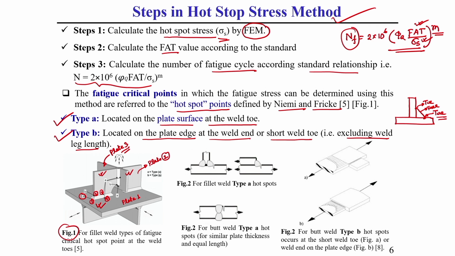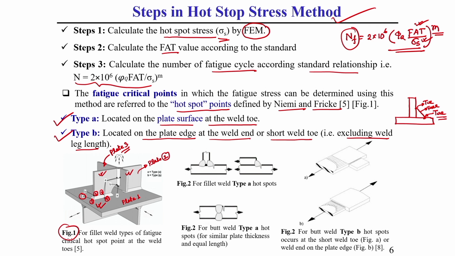You should understand this very clearly. Now, if this weld toe is located on any plate, it can be the flange or the web of this joint geometry.